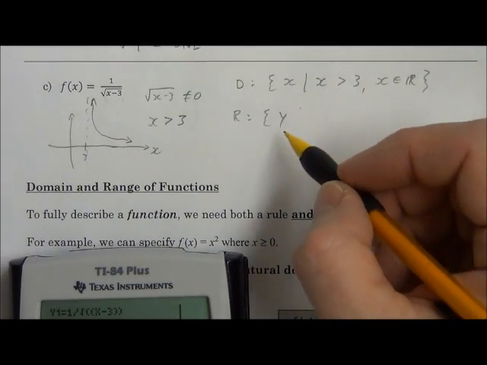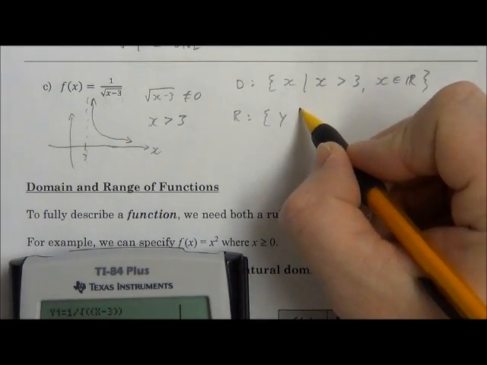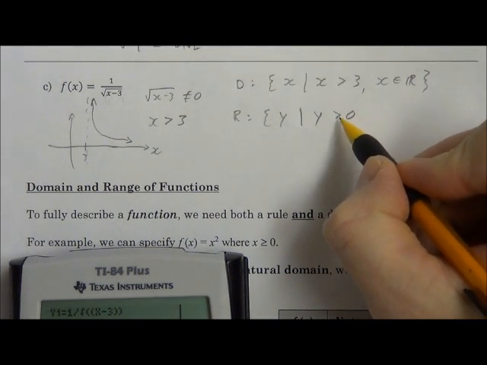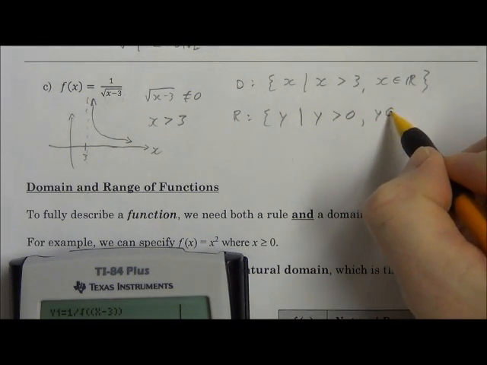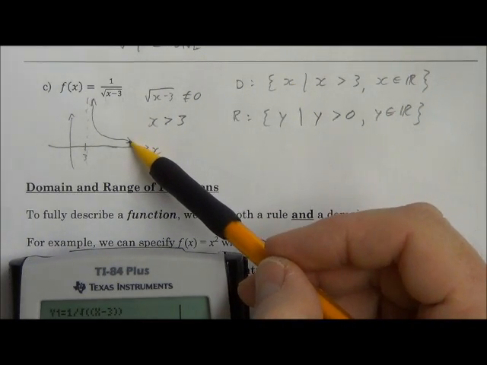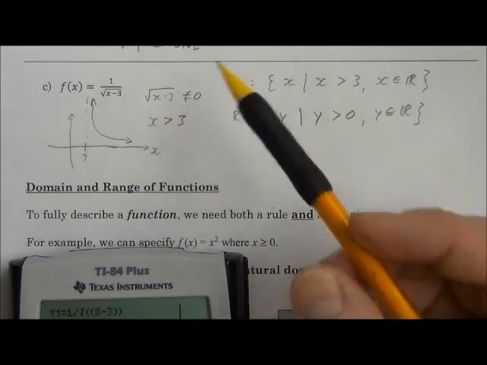So all that means is that y is a set of values such that y is greater than 0. And y is an element of all real numbers. Okay, it's greater than 0 because it's approaching the x-axis. And I'll show you that also.